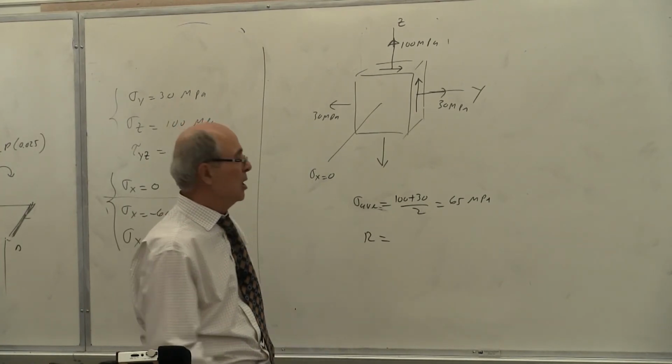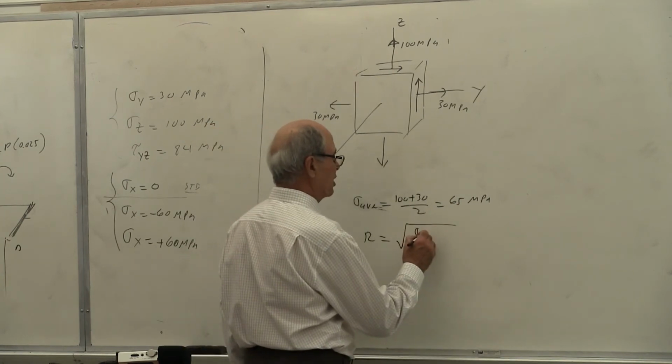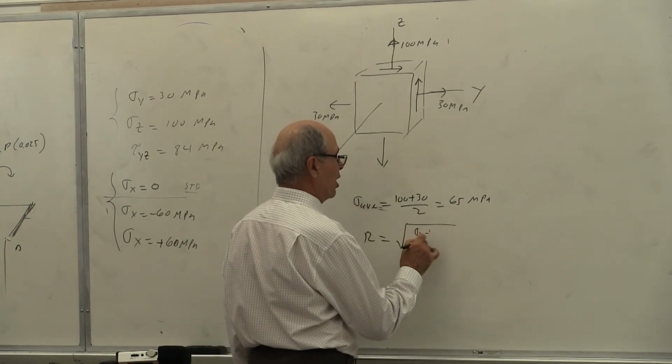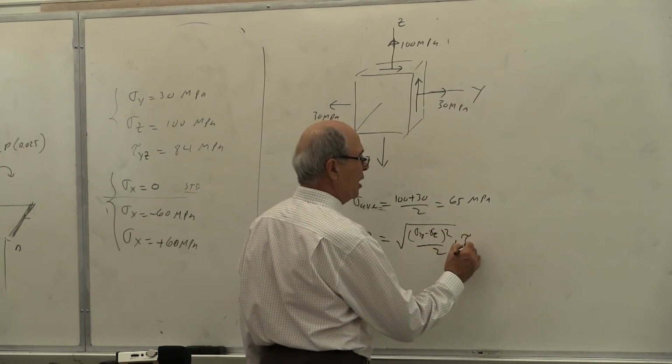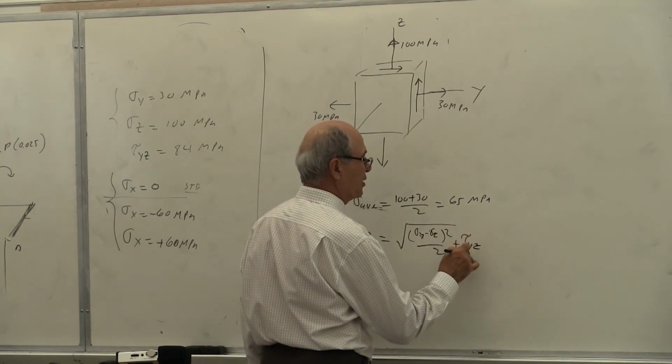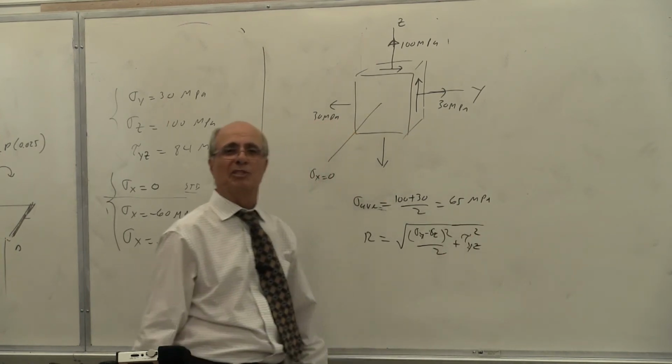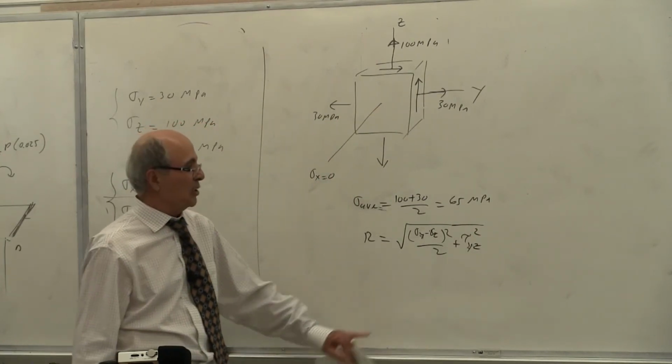It doesn't matter anyway. So the equation is R equal to the square root of sigma y minus sigma z, squared divided by 2, plus tau yz squared. Notice I always use the standard one, so I just go back to the standard. This is the YZ plane.